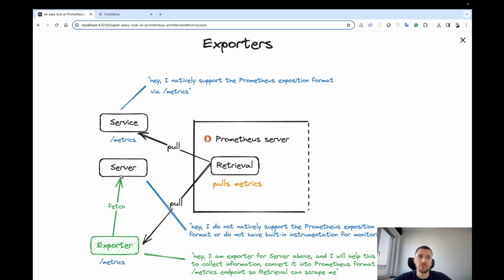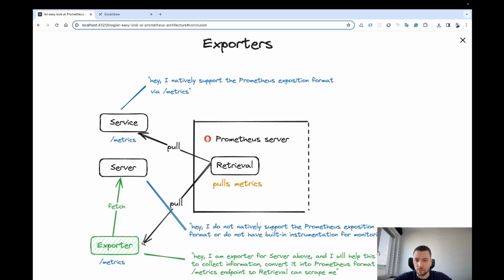In cases where services don't support it, exporters come into play. Exporters are additional components used to expose metrics data from systems or services that lack built-in support for the Prometheus exposition format or lack instrumentation for monitoring.